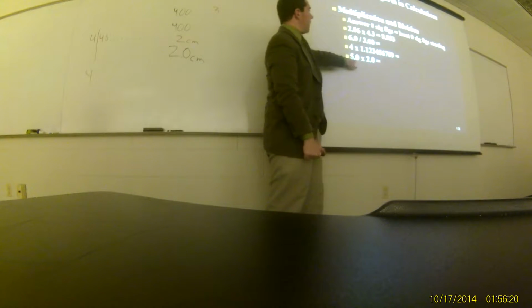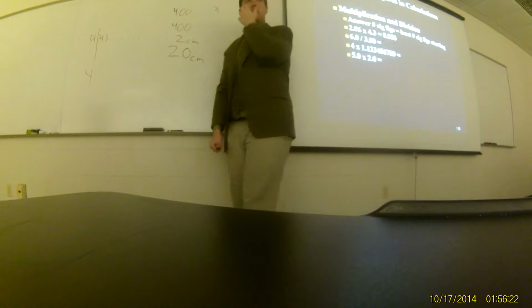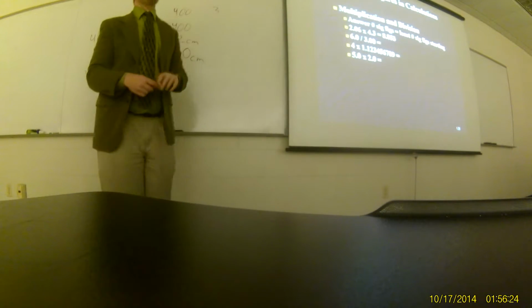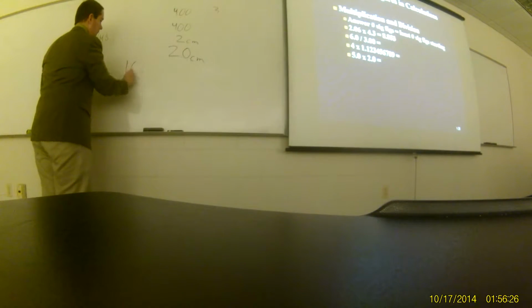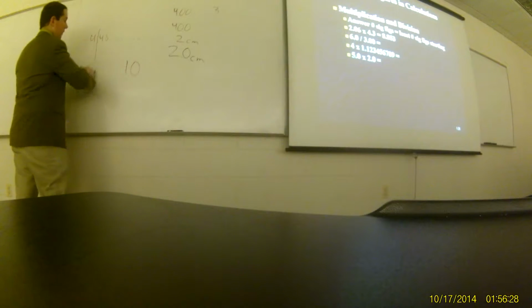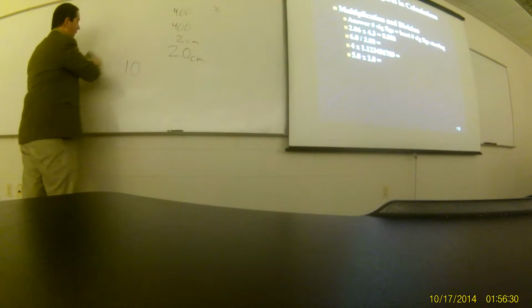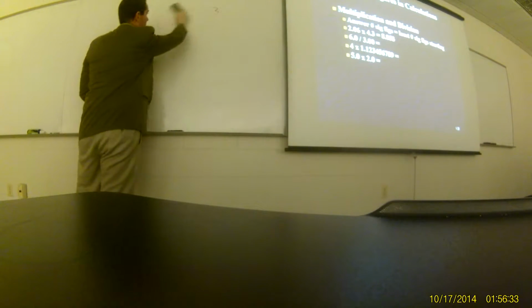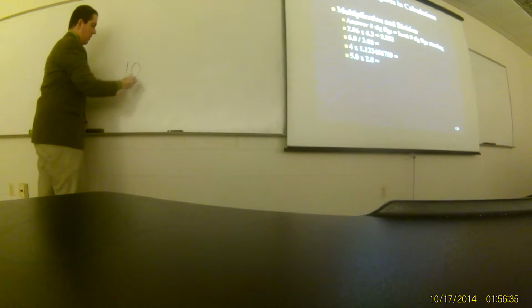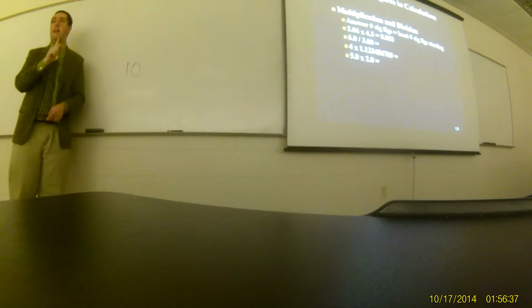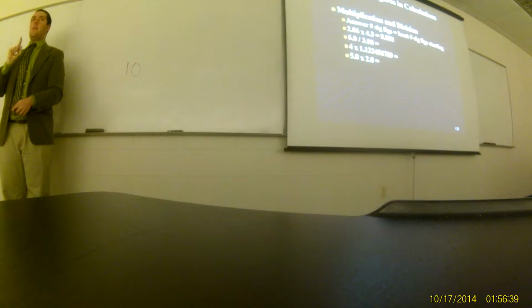How about this one? How many sig figs should your answer have? 2. What is 5 times 2? 10. How many sig figs does that have? 1. How can I get it to have 2? 10.0. Like that. You have to stop there.